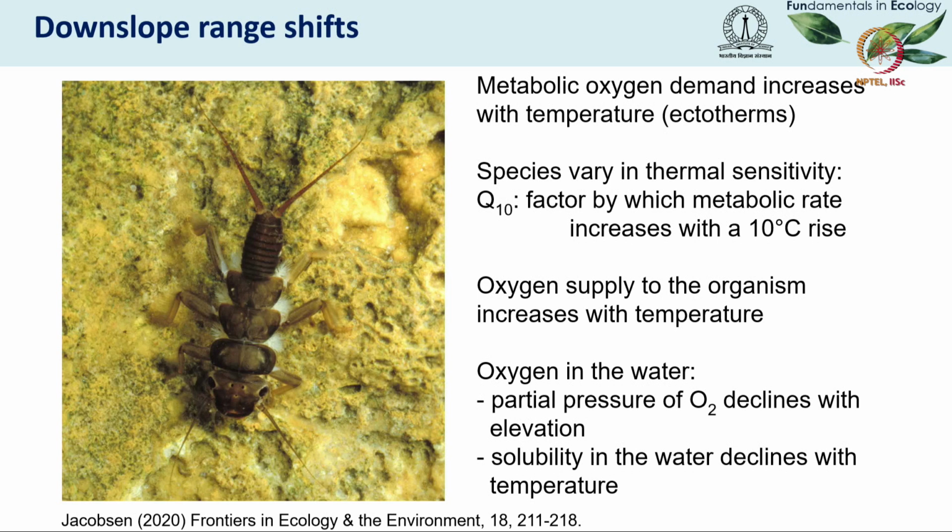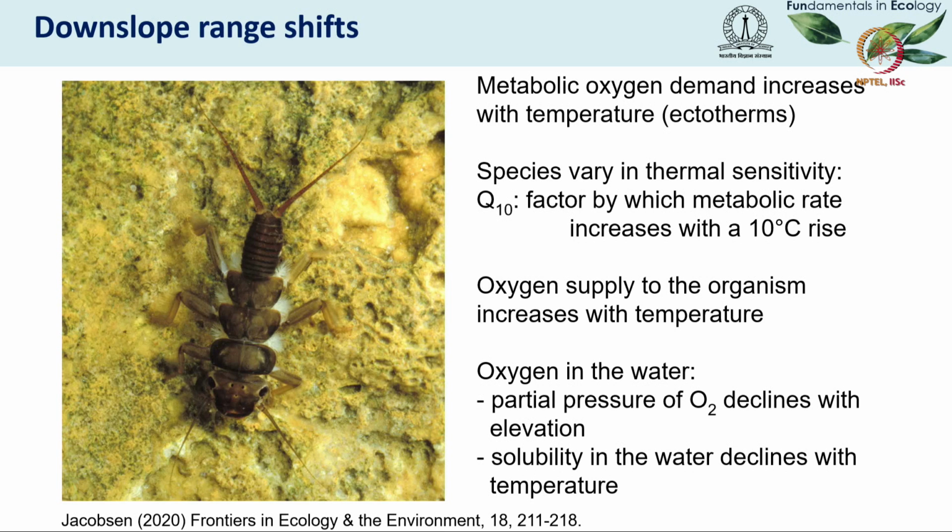They vary in something called Q10, which is just a measure of one aspect of their physiology: if temperatures rise by 10 degrees Celsius, by what factor does the metabolic rate of the species increase? But oxygen supply to these organisms also increases with temperature, because the efficiency of these external gills, these membranes, becomes higher with increased temperature.